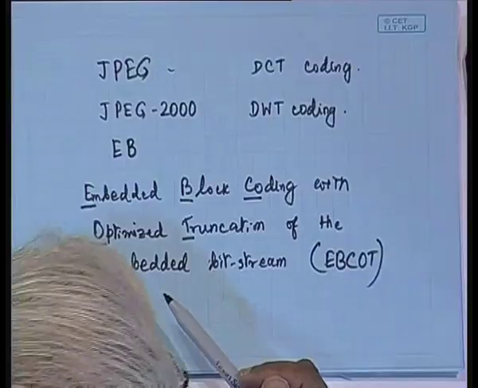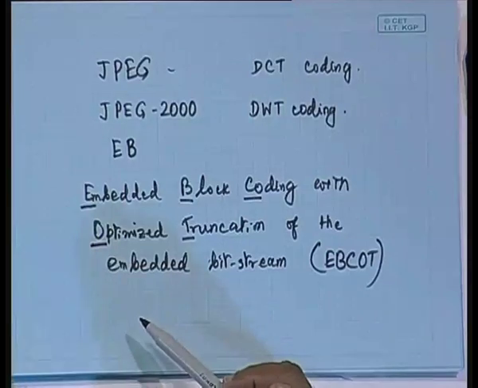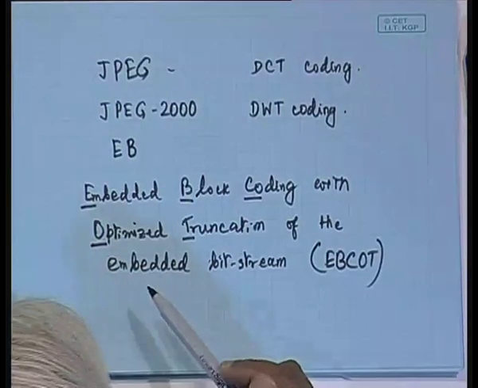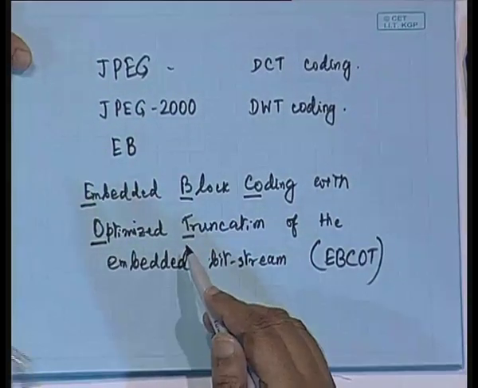So, it is a kind of quality versus bit rate trade off which is specified, because it is going into a standard. And the man behind EBCOT, embedded block coding with optimized truncation of the bit stream, is David Taubman, and there is yet another classic paper by David Taubman which you should read.